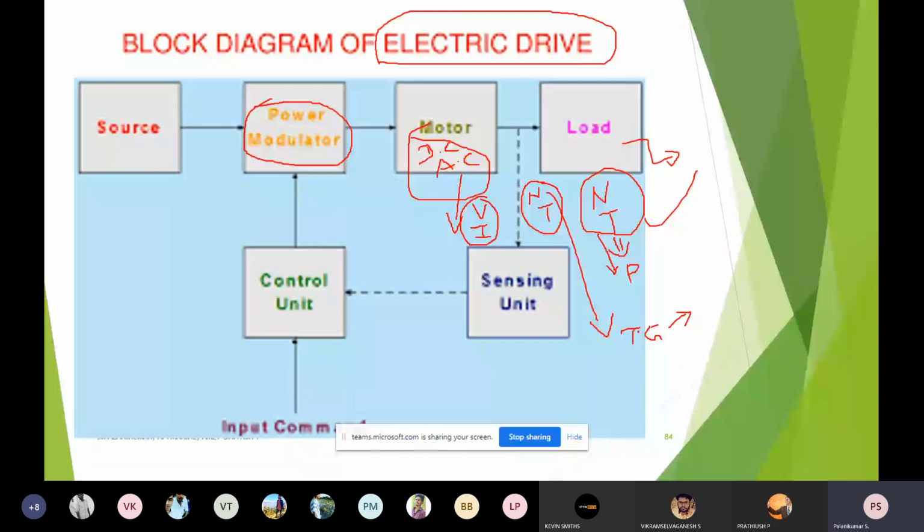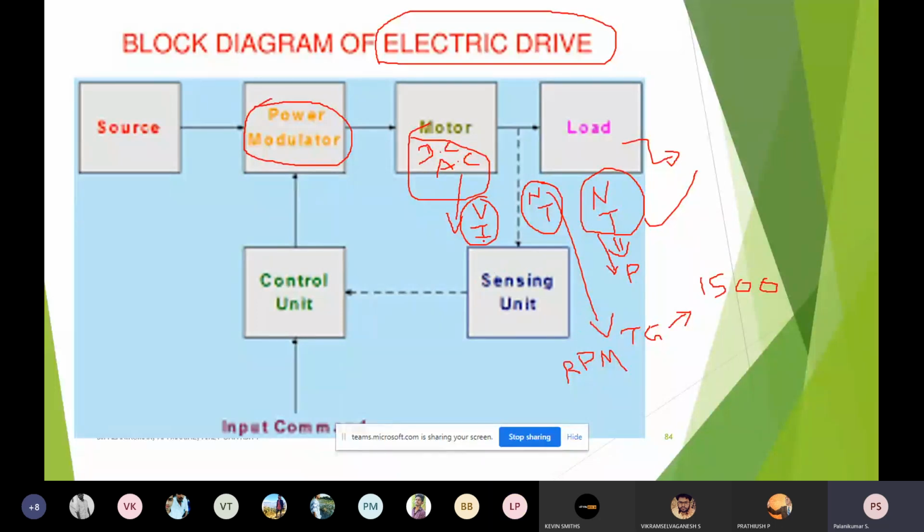If it is producing 100 volts, I can display 1500 rpm. Otherwise, instead of a digital tachometer, if I go analog, I can convert the rotation to revolutions per minute, and my analog tachometer will show the reading of how much speed it is giving. So this information is taken.